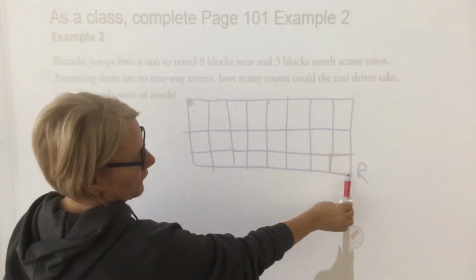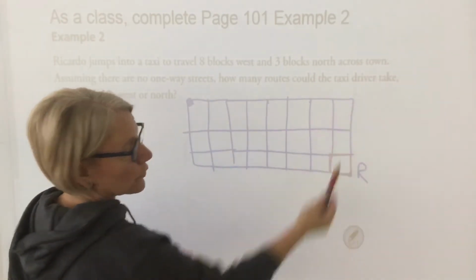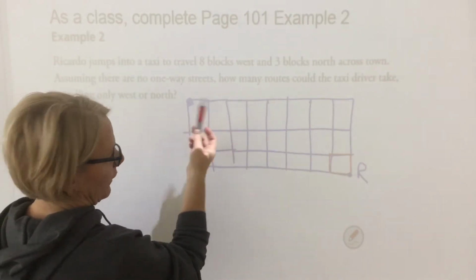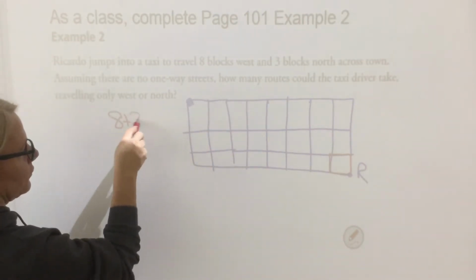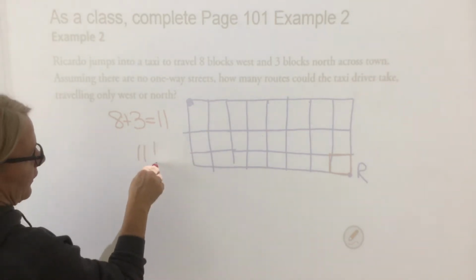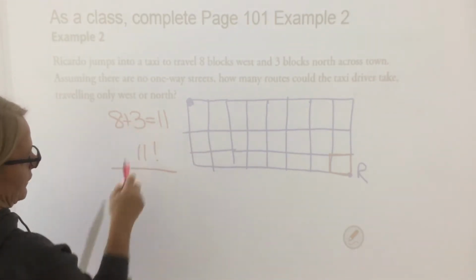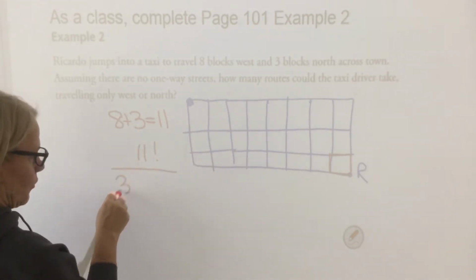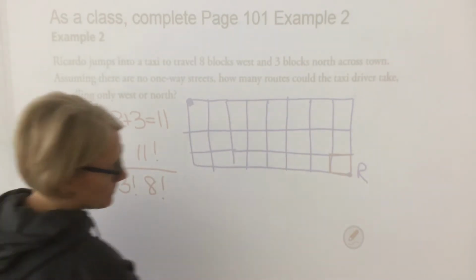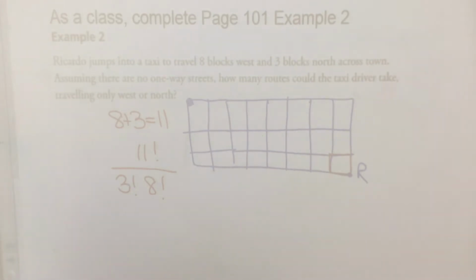So we can think of it that he's always going to have to go 3 blocks north and 8 blocks west. And so his total he's traveling is 11 blocks. But then again, we want to take out repetition. So we go 11 factorial, and then the repeated blocks would be the north and the west. So this is just another example of identical or repeated objects.